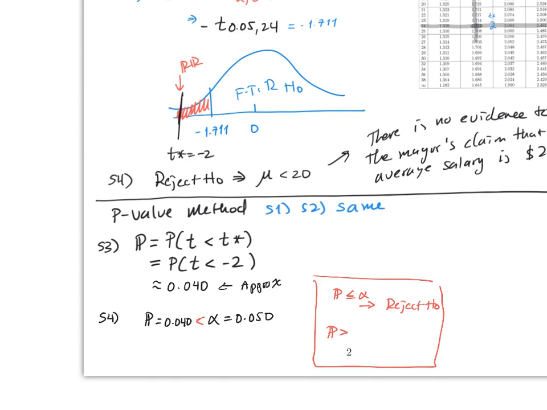And if the p-value is greater than alpha, that means fail to reject. And this is on the formula sheet, so you have it there. So since the p-value is less than alpha, that means you need to reject H0, and there's no need to explain this twice. And that's it.